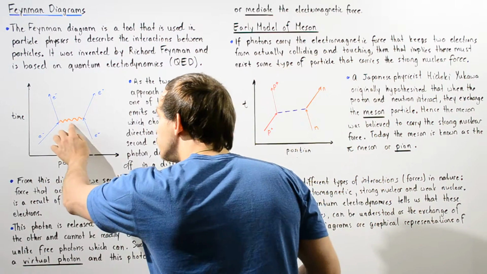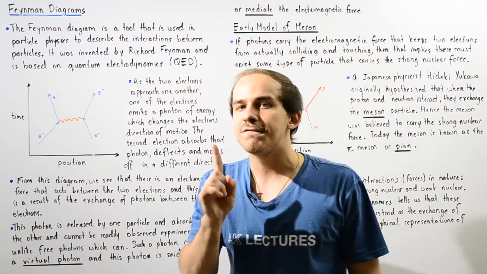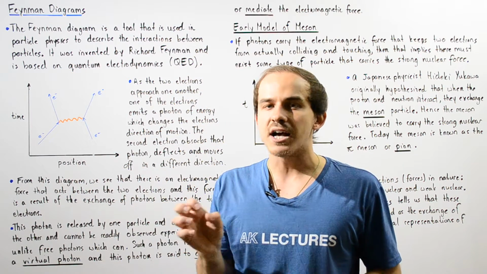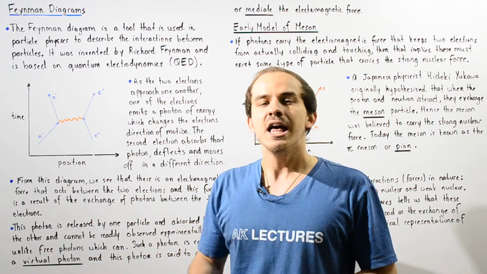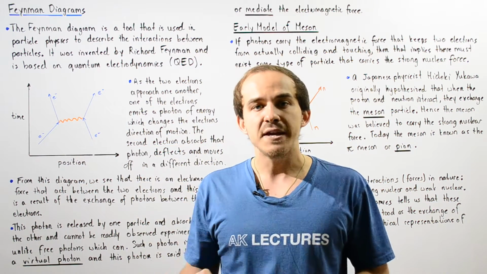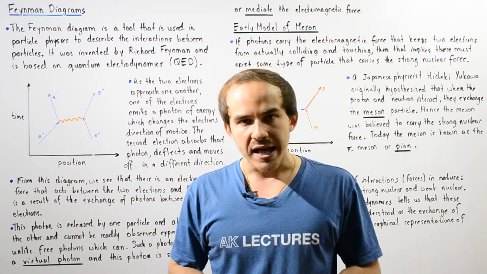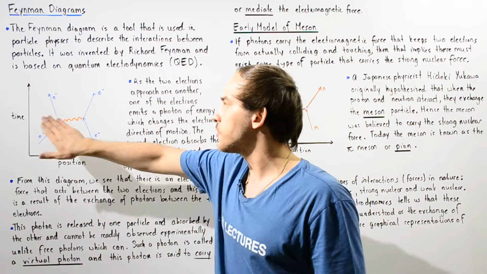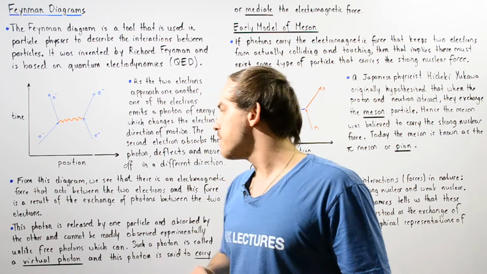So this photon is known as a virtual photon because unlike a free photon, the virtual photon shown here cannot actually be measured experimentally. We cannot observe this virtual photon experimentally.